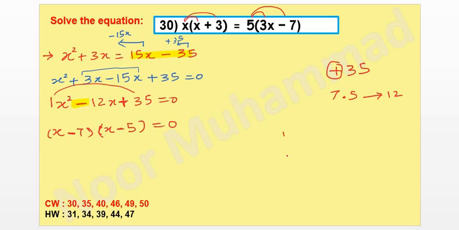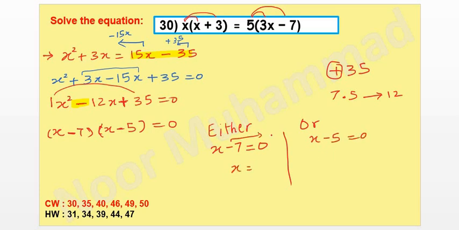Now what do we have to say? Either the first factor, x minus 7, is 0, or the second factor, x minus 5, is 0. From the first one, when I move -7 to the other side, it changes into positive 7, so 0 plus 7 is 7. This is my first value of x.